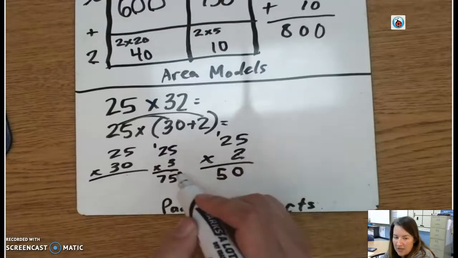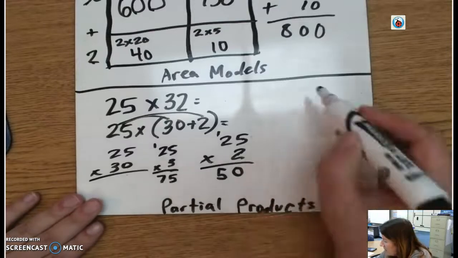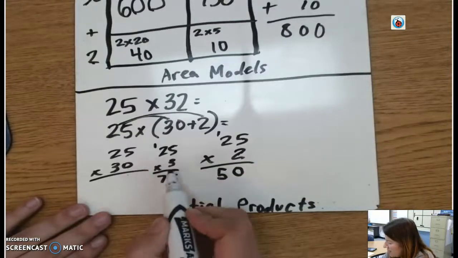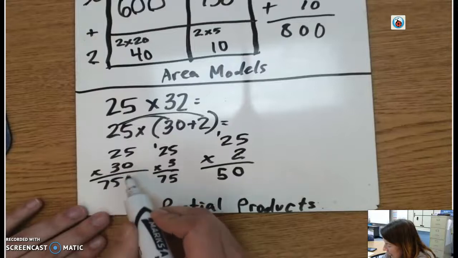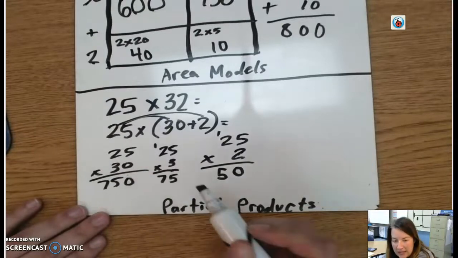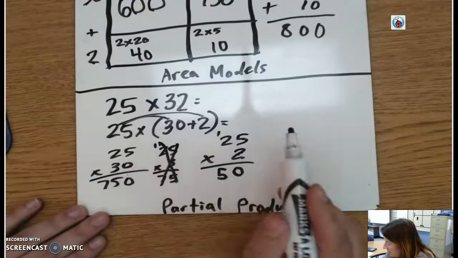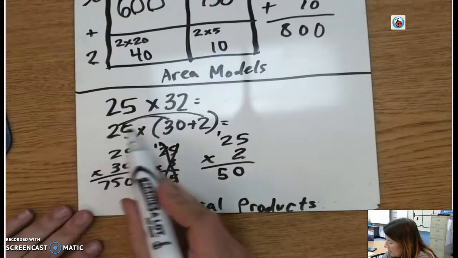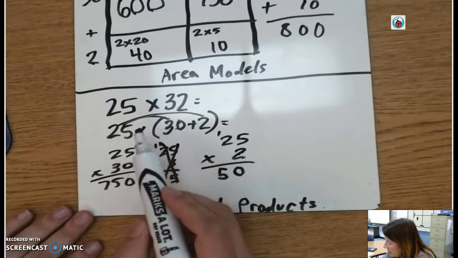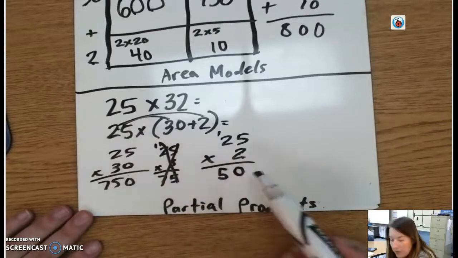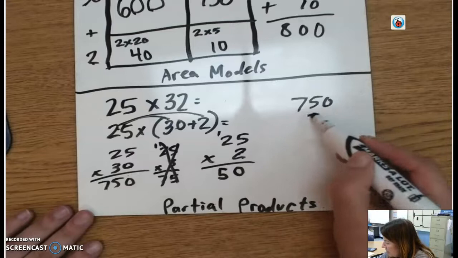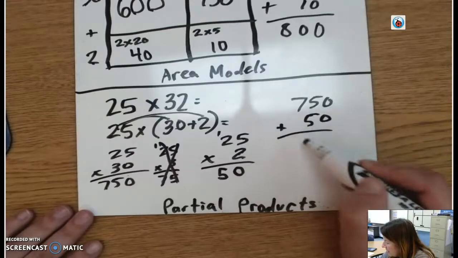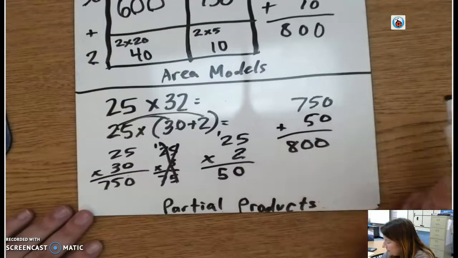So 25 times 3 is 75. So if 25 times 3 is 75, then I know 25 times 30, I just need to add that zero back in, is 750. So I know 25 times 30 is 750, 25 times 2 is 50. My last step is to combine those two partial products to still get 800.